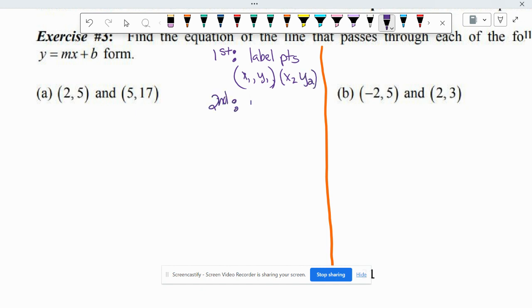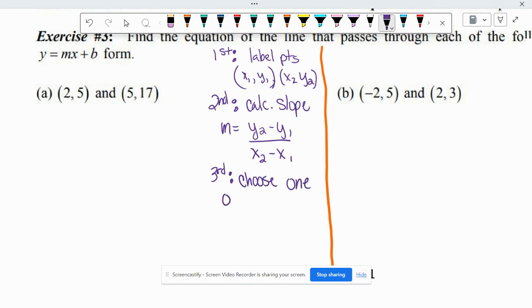Next, I need you to calculate the slope using m equals y sub 2 minus y sub 1 over x sub 2 minus x sub 1. Third, I need you to choose one ordered pair. I don't care which one you choose.